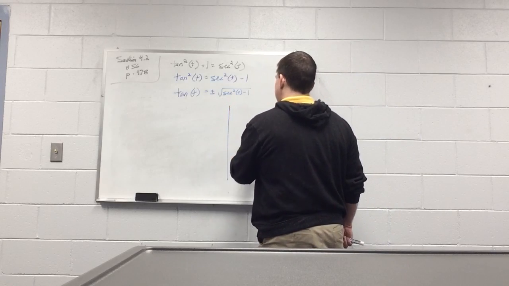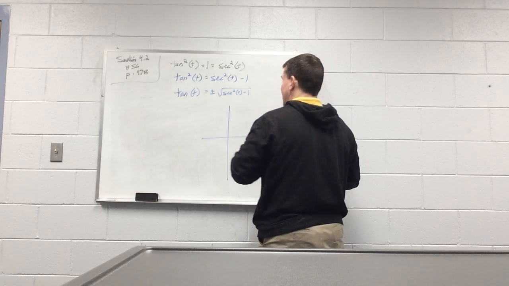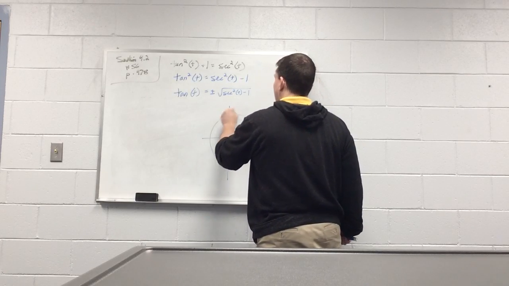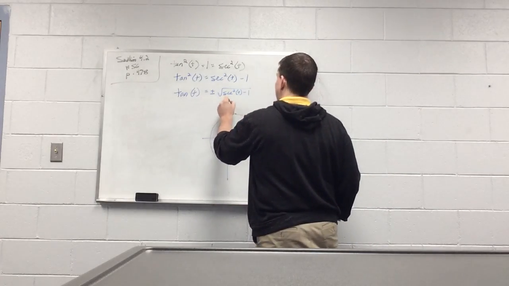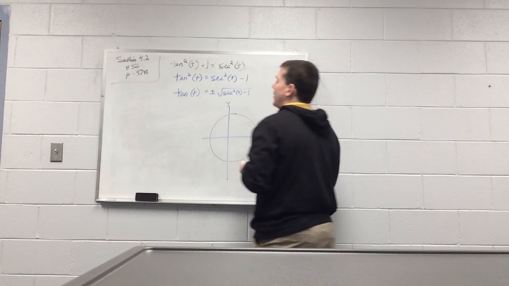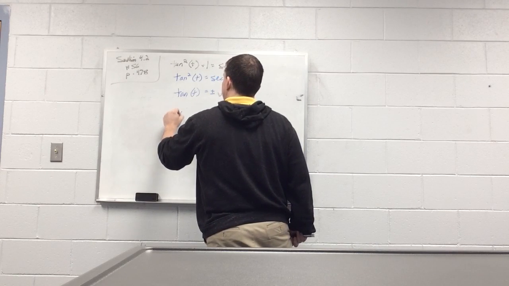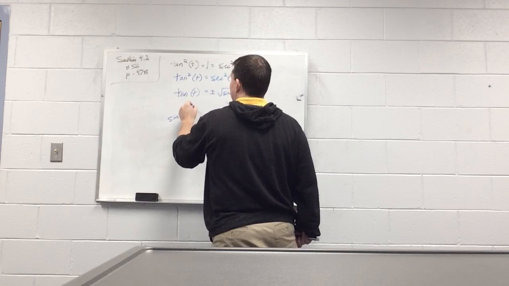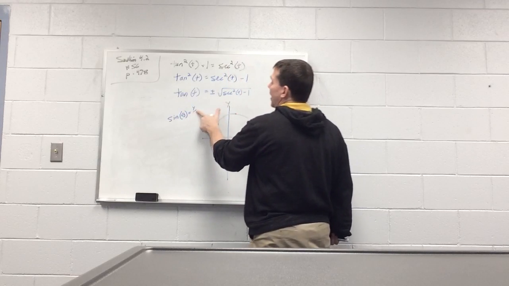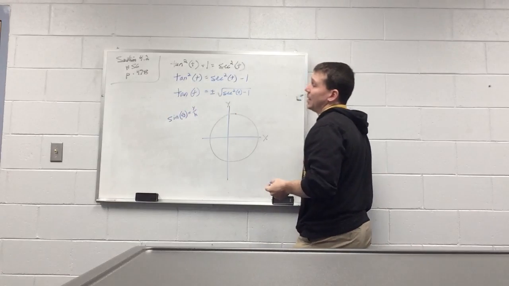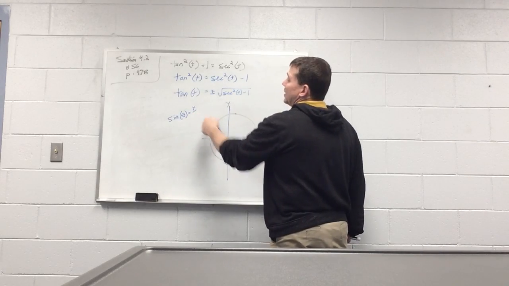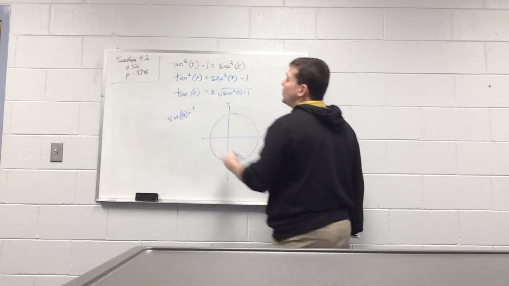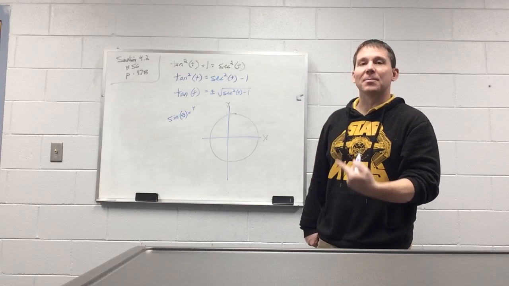Ultimately, if we think about the unit circle, or just the regular XY plane in general, sine of an angle theta is equal to y over r, where r is the radius, or y over h, the hypotenuse. But on the unit circle, the hypotenuse is just 1, so the sine value is just the y value of the point.